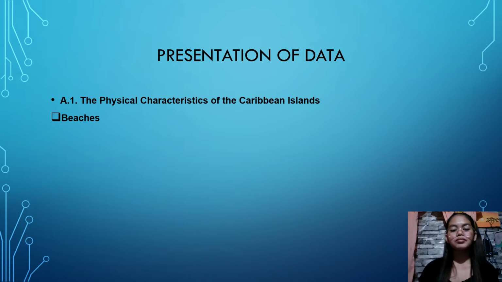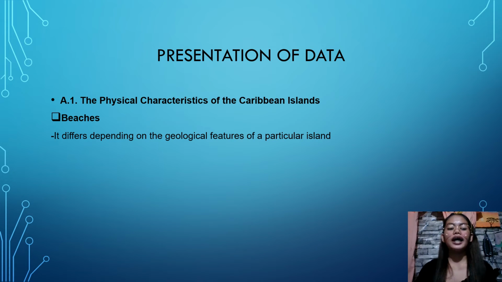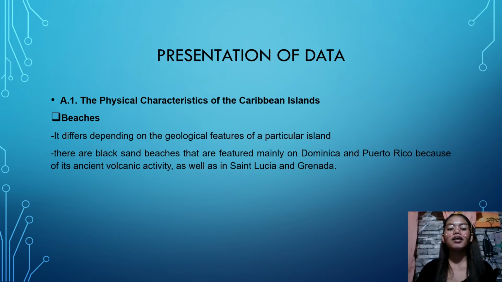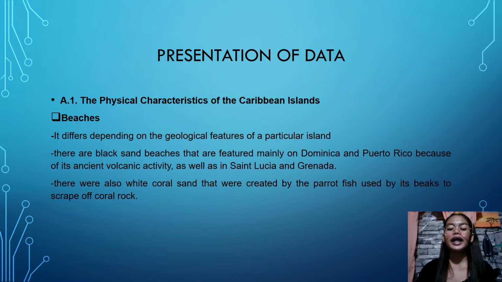Then, the Caribbean islands also have beaches, and it differs depending on the geological features of a particular island, in the sense that there are black sand beaches that are featured specifically on Dominica and Puerto Rico due to the fact that it has an ancient volcanic activity there, and also in St. Lucia and Grenada.